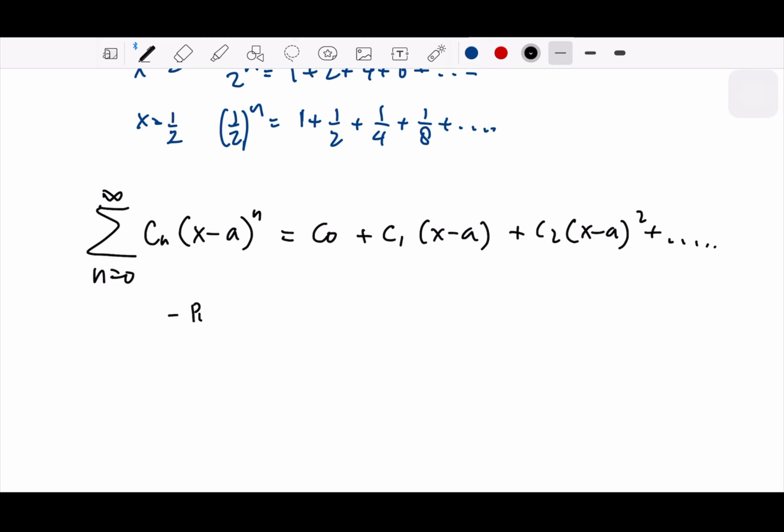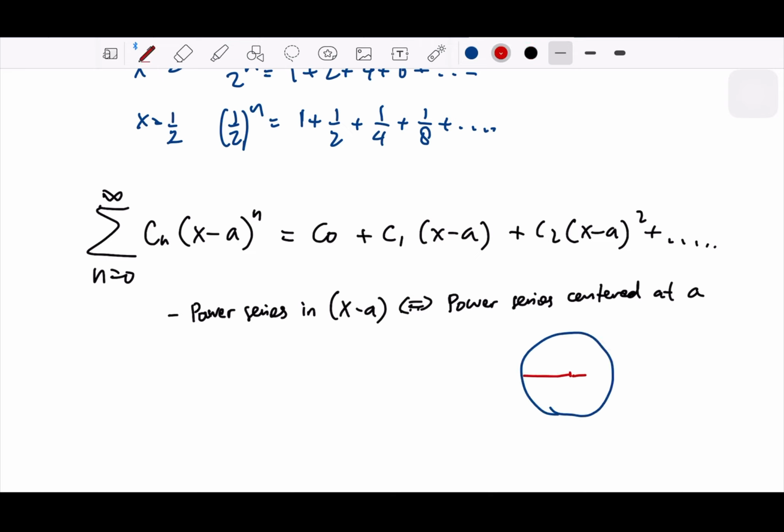Just a simple definition: a power series in x minus a means that this is a power series that's centered at a, which means that if we take that as an interval, if we imagine like a circle, we will have some radius of interval, and that radius is actually what is represented in x minus a, the distance. So this is a.